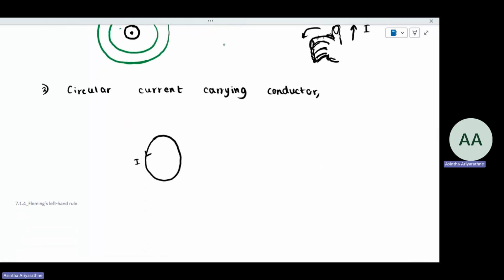In this case, we cannot point our thumb in the direction of current because it's not a straight conductor. So now we have to point our four fingers in the direction of rotation, the direction of current flow.